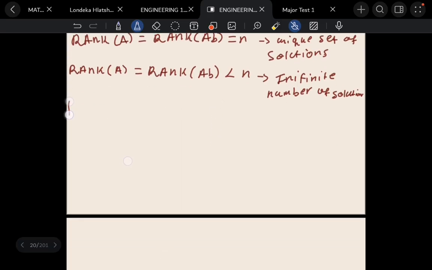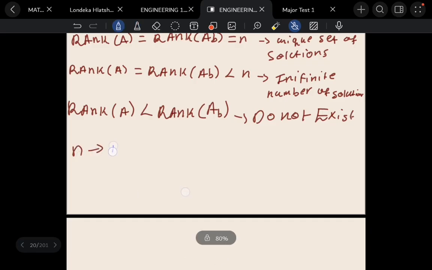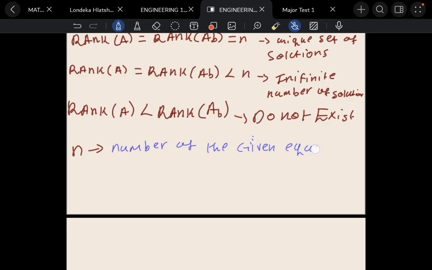And then if you have the rank of A less than the rank of AB, here we have a solution that does not exist. Some of you will ask, what is n? n is the number of the given equations.